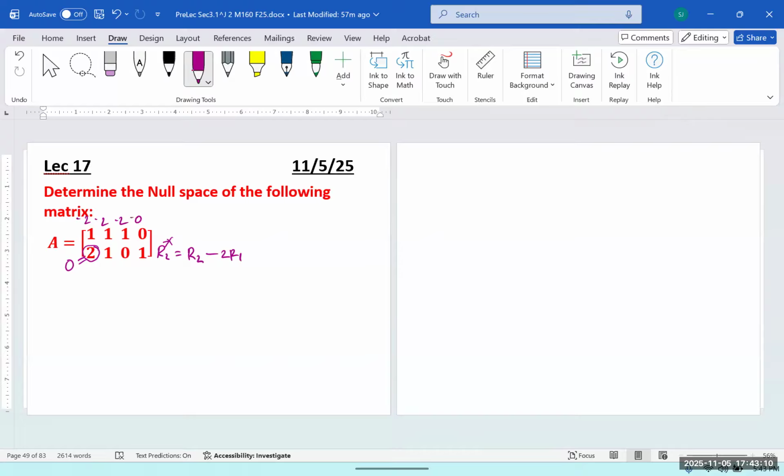So 2 minus 2 is 0. The new second row is negative 2 plus 2, 0, negative 2 plus 1, negative 1, negative 2 plus 0, negative 2, and then 1 minus 0, which is 0. So we are happy we have at least the second element in the first column as 0.